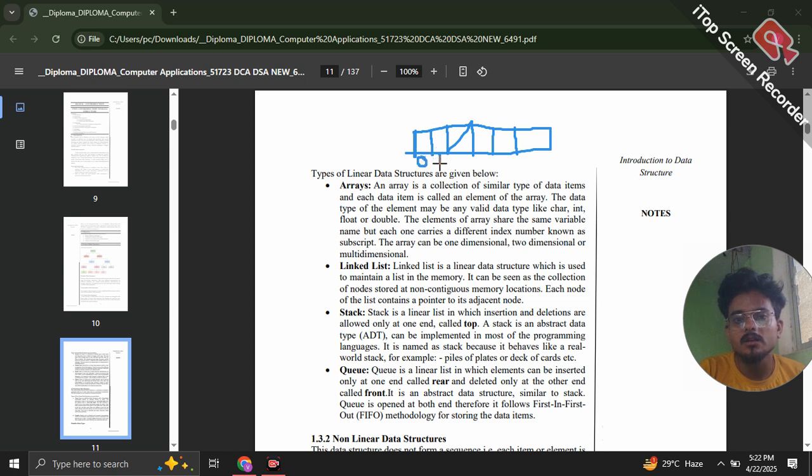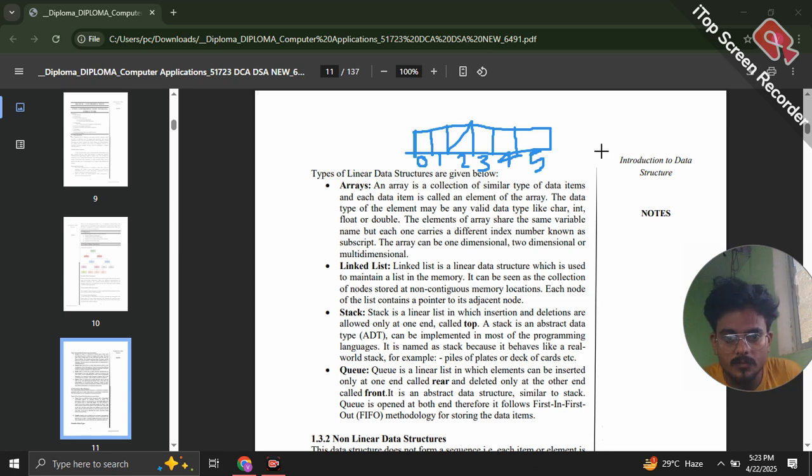After that, 1, 2, 3, 4, 5. So in this manner we store data.